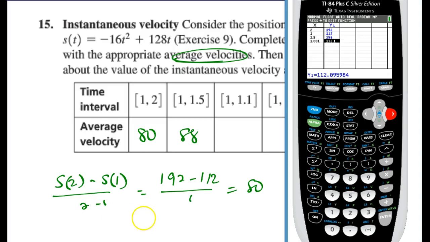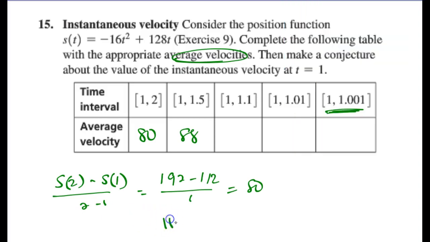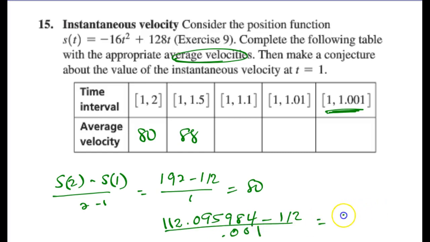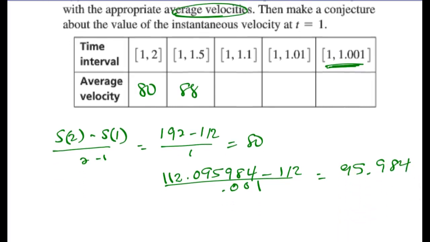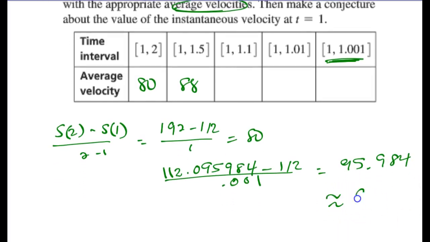So it's 112.095984 minus the 112 over 0.001, and that gets 95.984, which is approximately, it seems like I'm cheating because I just told you don't round, but that's about 96. You can see it's approaching 96 feet per second.